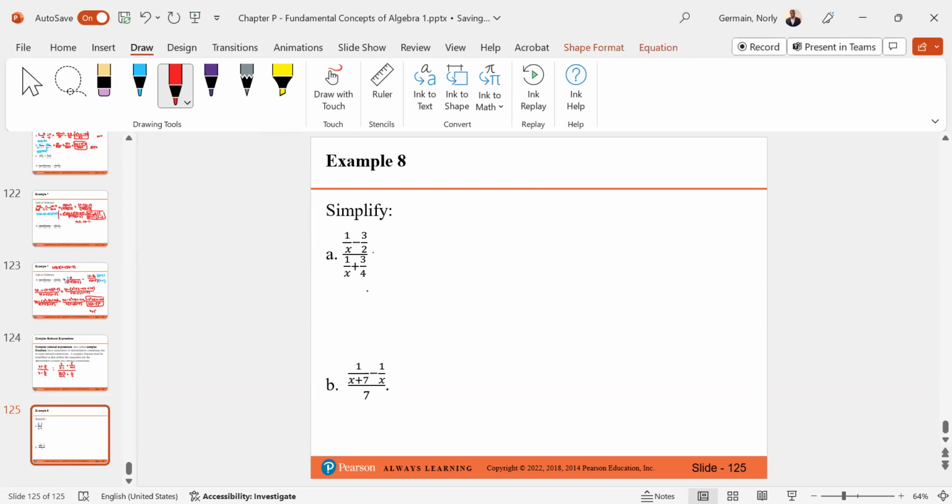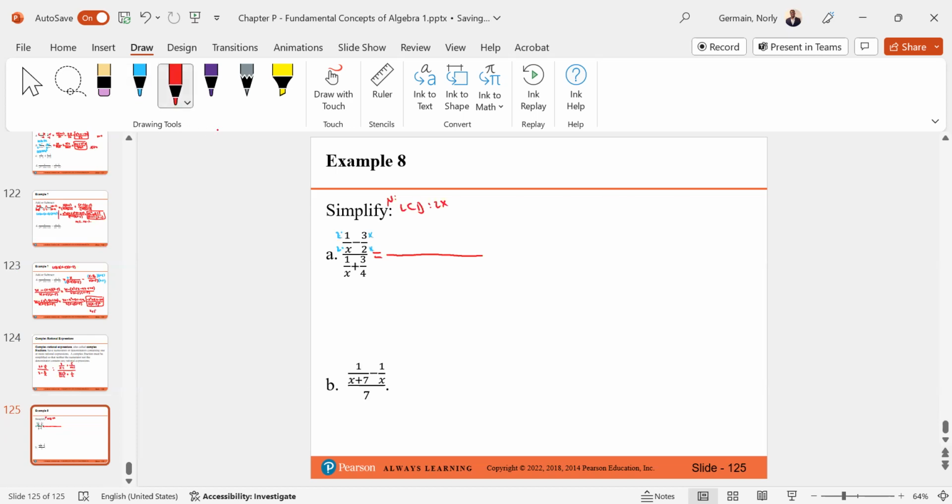First of all, we're going to focus on the numerator only. What is the LCD for the numerator? Yes, that's 2x. So I'm going to multiply this one by 2, and this one by x over x.